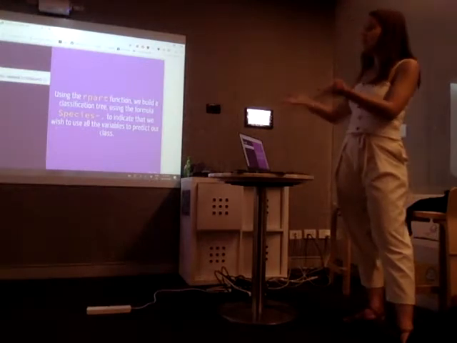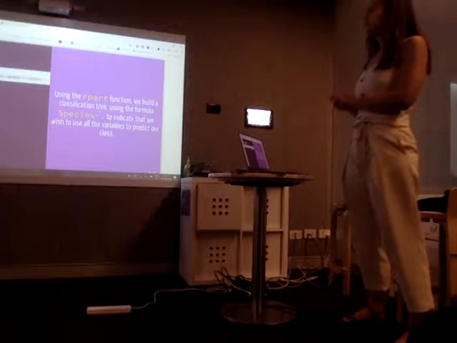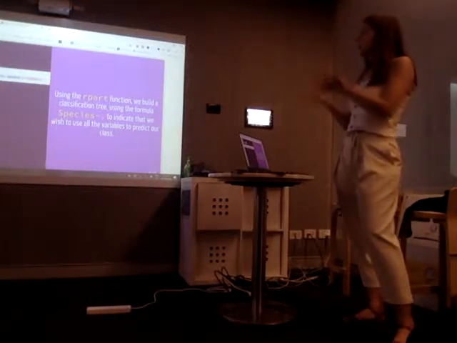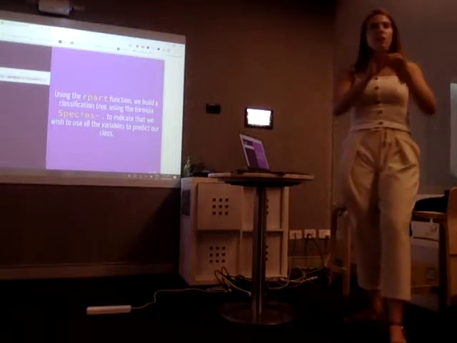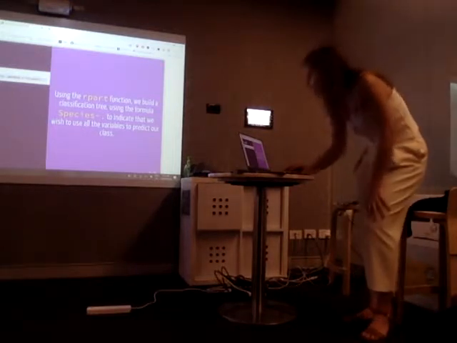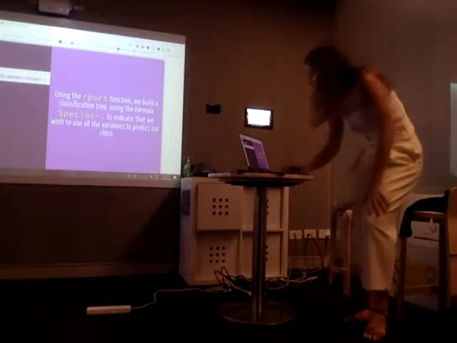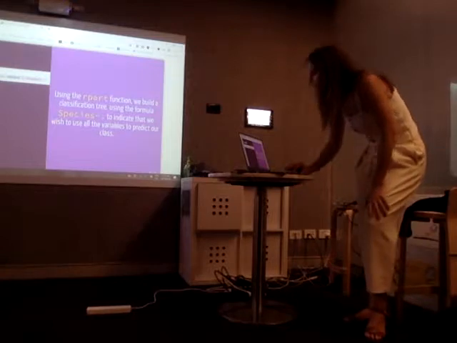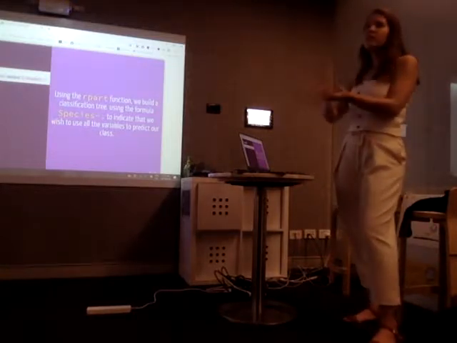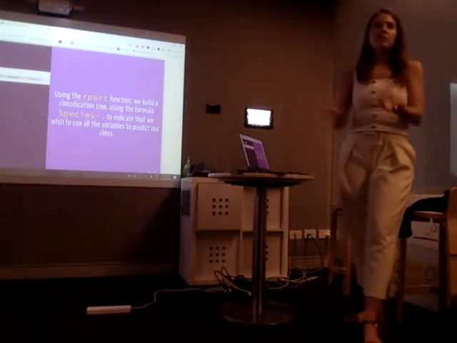rpart lies in the rpart package. A lot of packages are needed to do a lot of machine learning. As we see again, it's a very similar type of argument that goes into our functions. Here I'm going to call it tree because it's a tree. The first thing I put in is what I want to predict and what I want to use to predict it. In this case, the response is species.